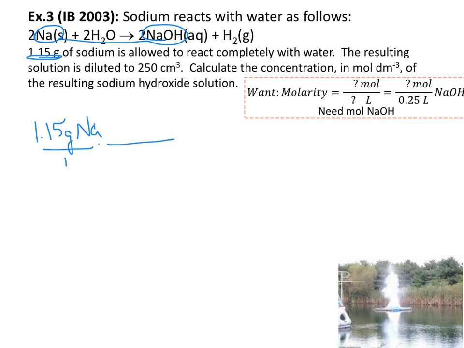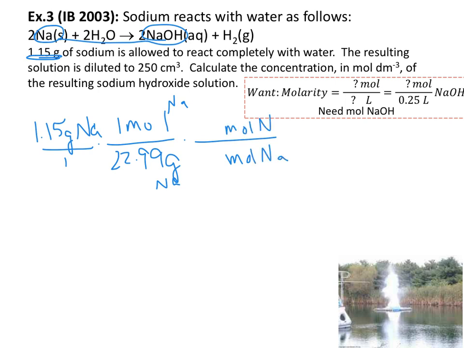So first I'll use sodium's molar mass, 22.99 grams to 1 mole. And then, since this was sodium, I'm going to use the mole ratio with moles of Na on the bottom and the moles of sodium hydroxide on the top. And I want to keep it in moles, so I'm going to stop there and not go to grams.